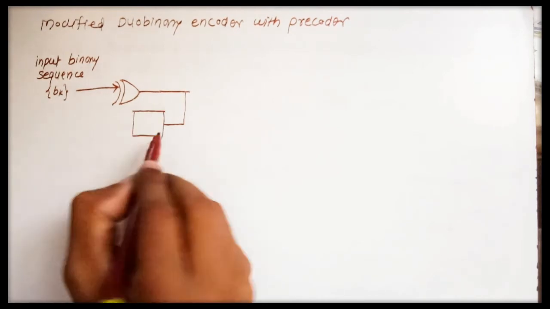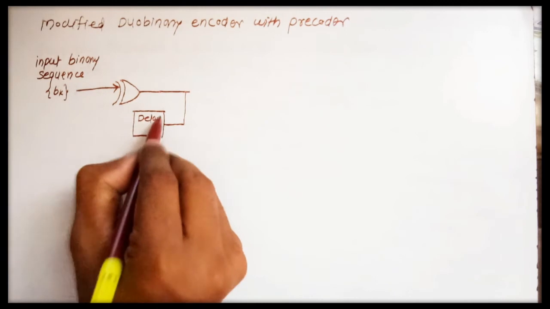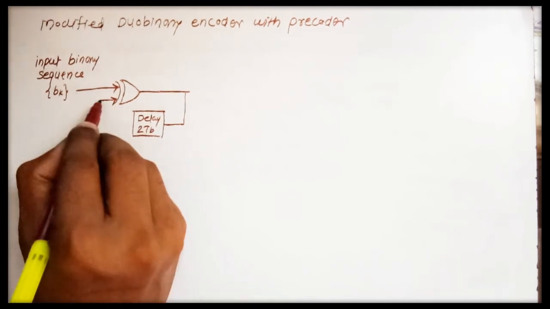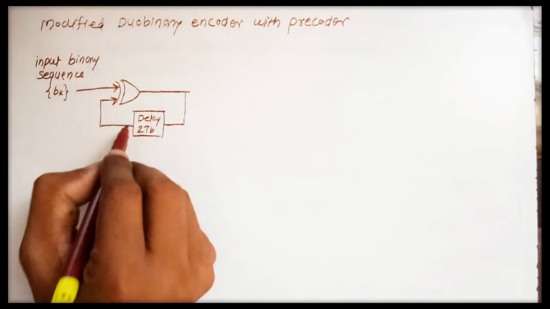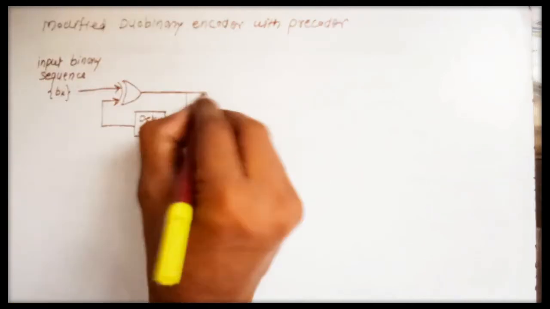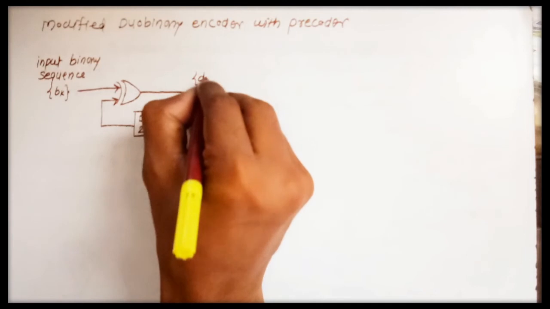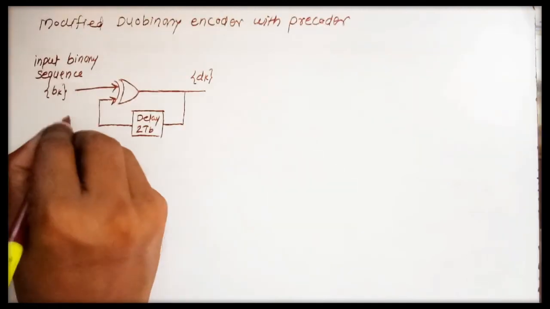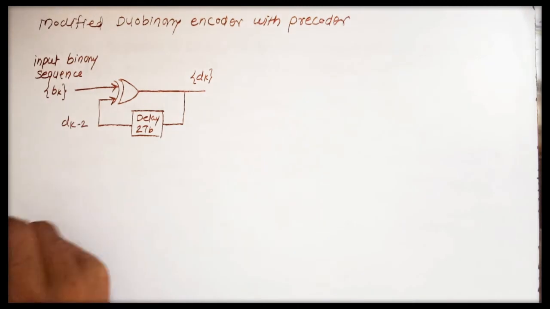This delay element with a period twice TB is applied to another input of the XOR gate. Over here we get a sequence DK, and here this is nothing but DK minus 2.